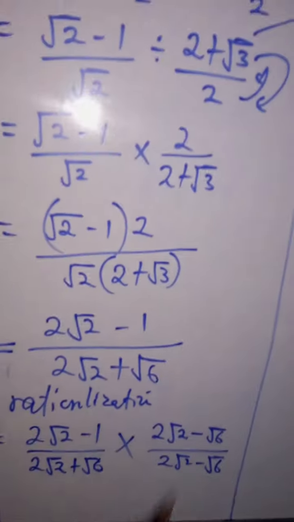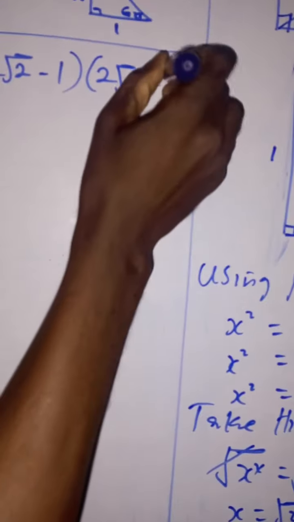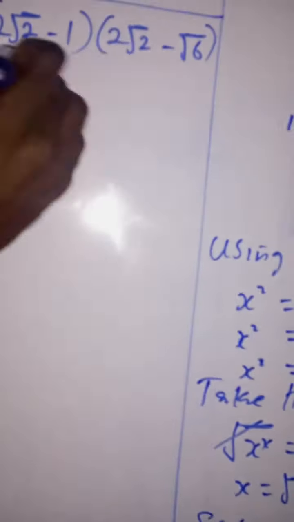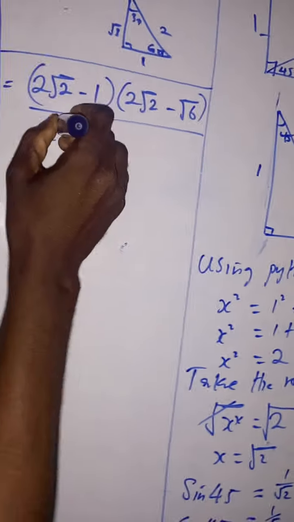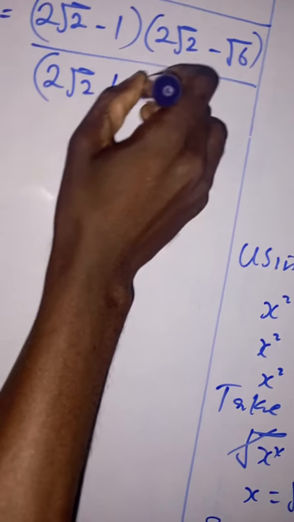So you see that this one is just 1. It's the same thing. Now I continue expansion. It will now be 2 root 2 minus 1 multiplied by 2 root 2 minus root 6, all over, and I join the one down: 2 root 2 plus root 6 times 2 root 2 minus root 6.